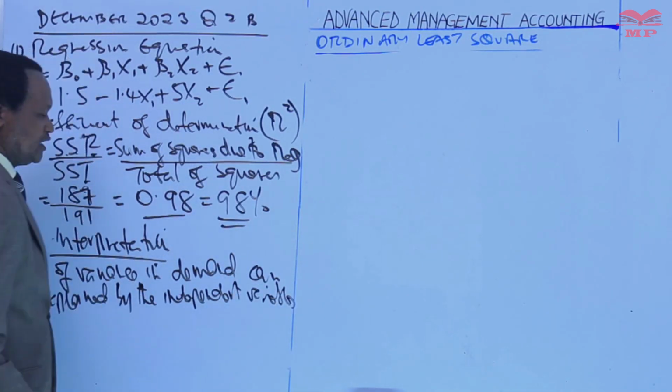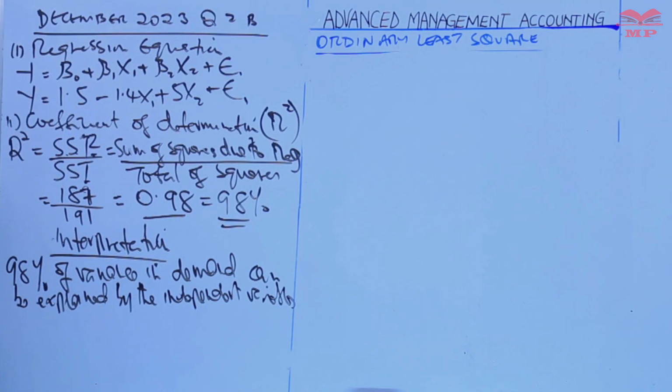But if it was 0, then the model explains none of the variation. But if it is 98%, which is close to 1, then it means that 98% of the variance in demand can be explained by the independent variables in this question.